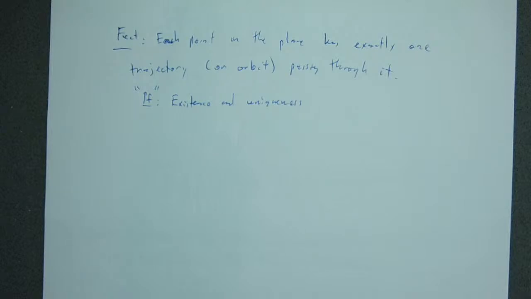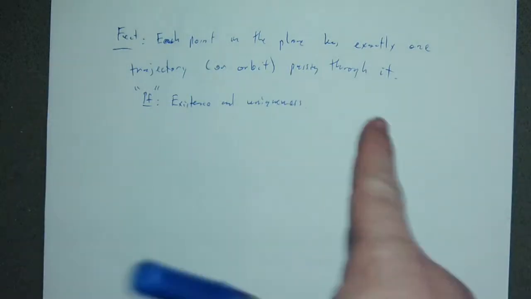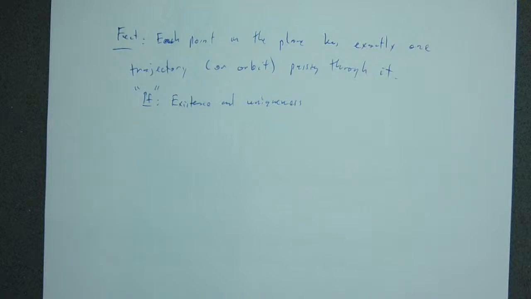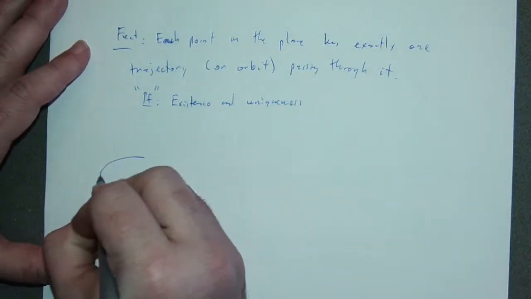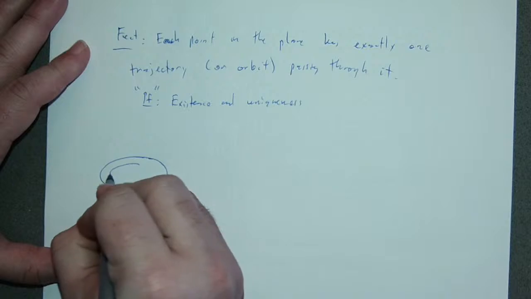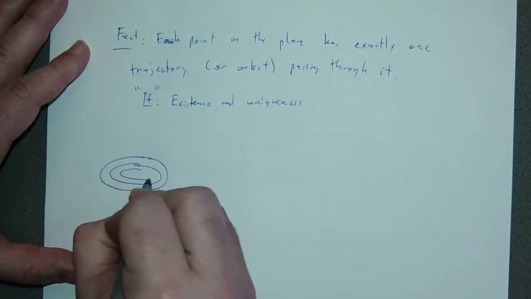We know we can't draw all of them. There's an infinite family of those things. Even if I could draw all of them, it would just be the entire plane covered in trajectories, so you wouldn't be able to see anything. The idea is that I'm going to draw a few to see what's going on here. What would that possibly look like? Well, maybe it would look something like this.